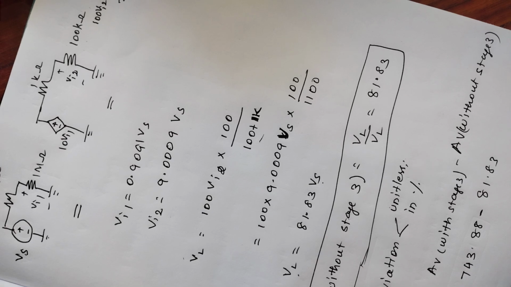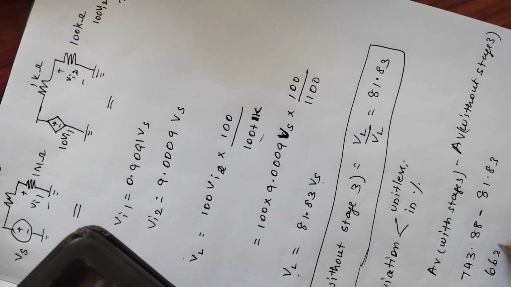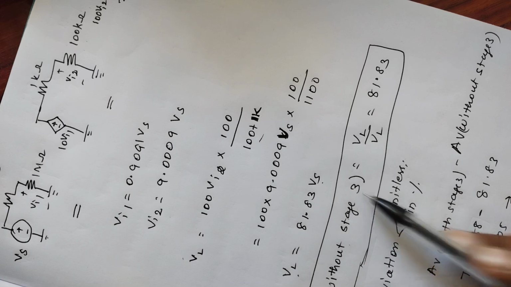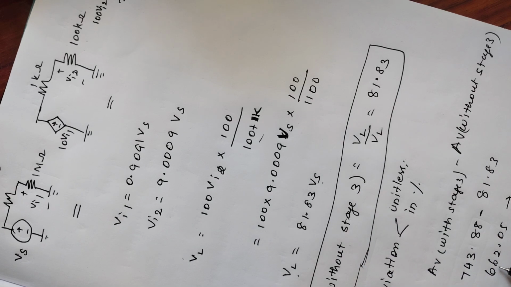So the voltage gain difference will be 743.88 minus 81.83. So we are getting 662.05. This is the unitless comparison. That means AV without stage 3 is 662.05 times lesser than the voltage gain with stage 3. Okay, this is unitless.